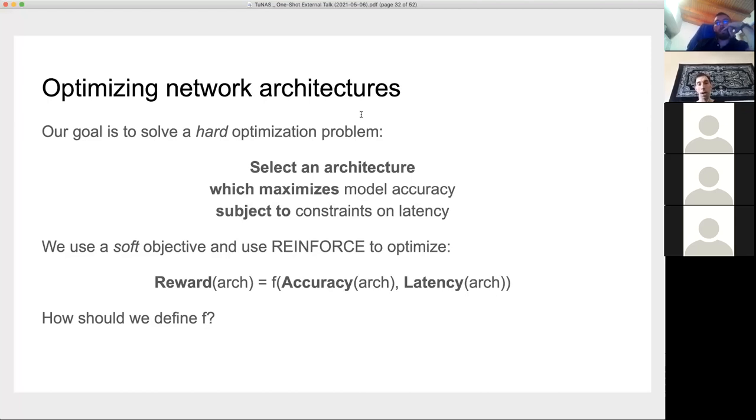Basically, we're defining a single unified reward function, which depends on both accuracy and latency, and then trying to use the REINFORCE RL algorithm to optimize it. So when you're using reinforcement learning, there's always this reward engineering question of, how should we actually define our reward to get good results?